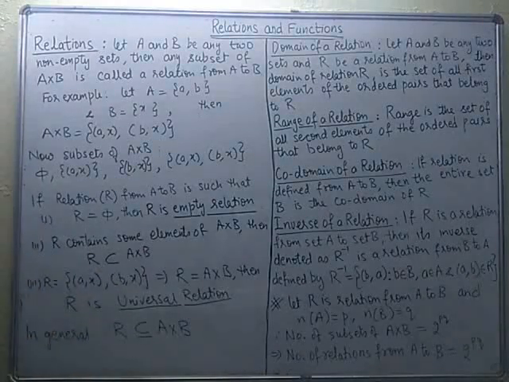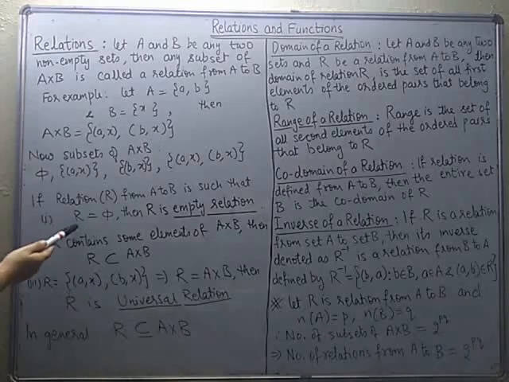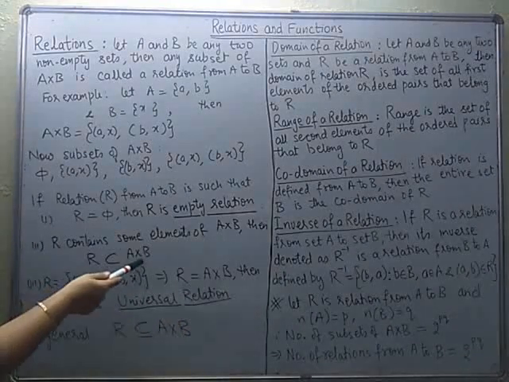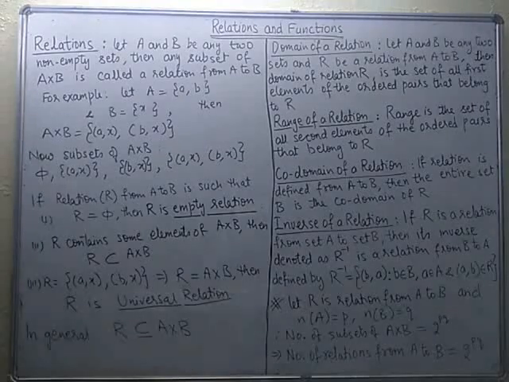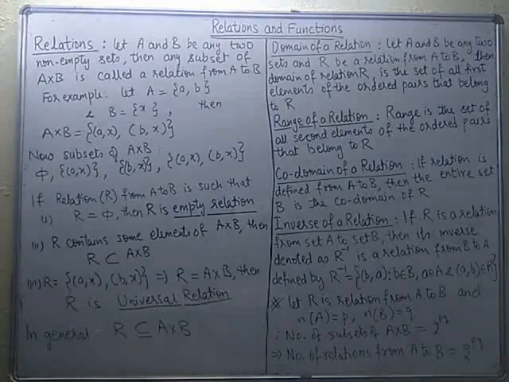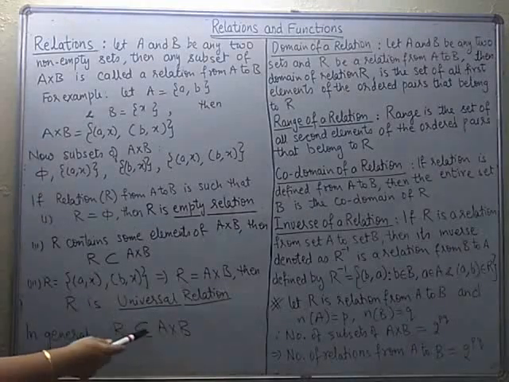So the way relation is defined, the result may vary from one condition to other. Maybe it is defined in such a way that you are getting null set, or it is defined in such a way that you are getting the entire Cartesian product, or maybe it is defined in such a way that you are getting some pairs from A cross B. So what happens in general, we can say that R is a subset of A cross B. I am not saying proper subset.